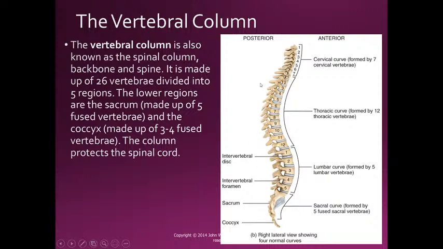All right, so a couple of defining features of the vertebral regions. In the cervical region, you can see these holes along the side. Oh my gosh, the name's escaping me all of a sudden.